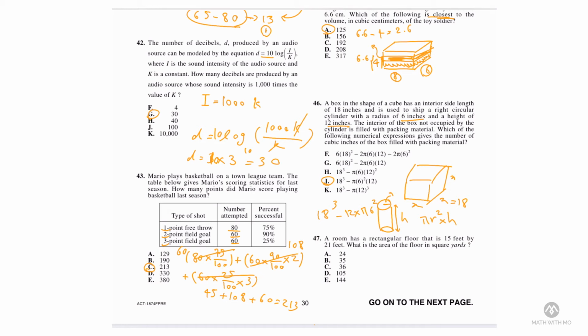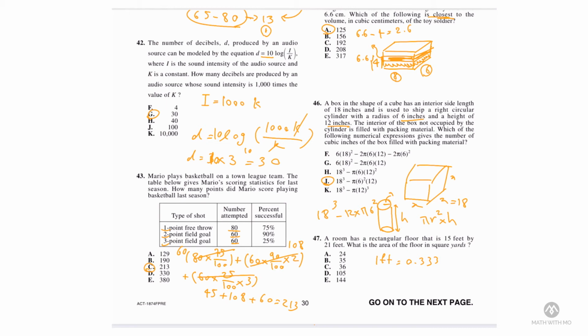A room has a rectangular floor that is 15 feet by 21 feet. What is the area of the floor in square yards? So feet to yard. First you need to know that 1 foot is 0.333 yard, okay?